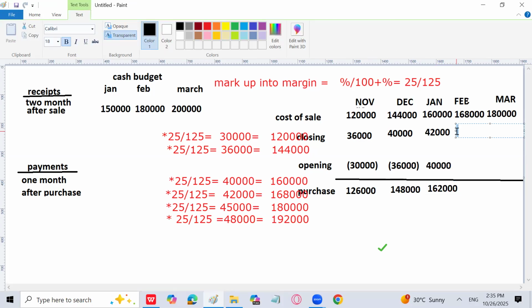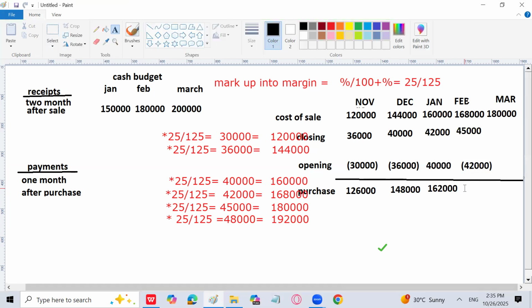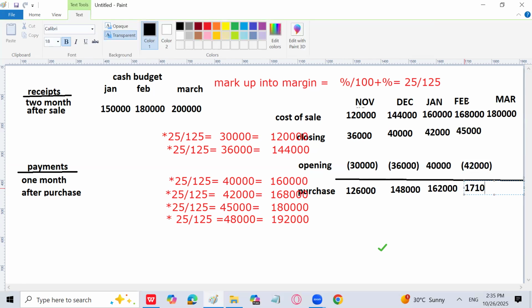Then 1,80,000 into 0.25, that is going to be 45,000. And the opening, which is going to be subtracted actually, 42,000 will be subtracted. So that is going to be 171,000.